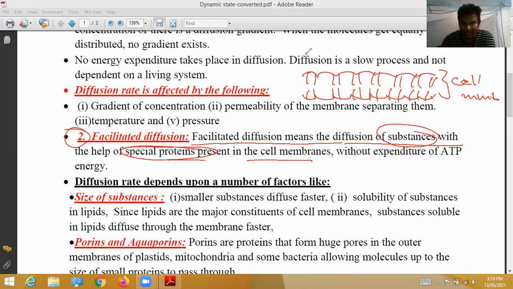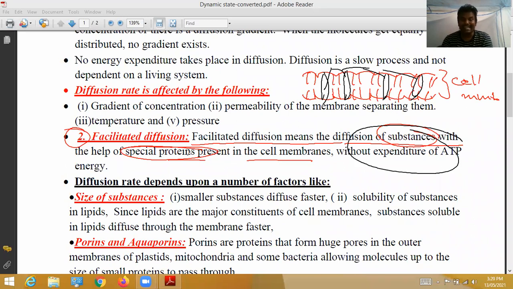These act as protein materials, so these are called carrier proteins. This carrier protein transports substances from inside to outside and outside to inside. Without expenditure of ATP energy, so for facilitated diffusion, energy is not required.